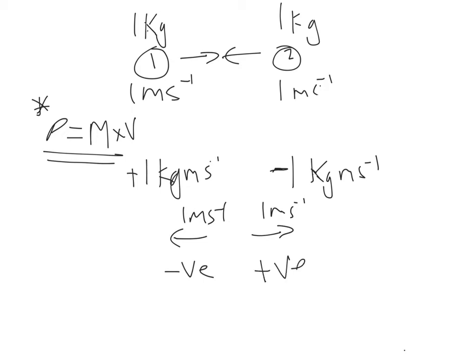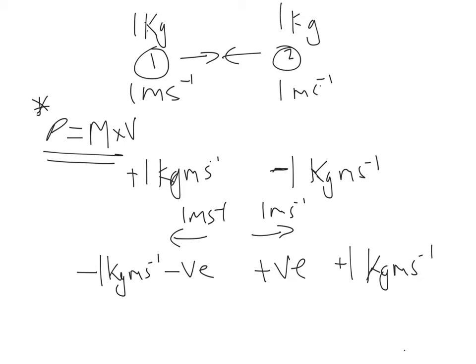So as a result, if we do the momentum for each, on this side we've got a positive 1 kilogram meters per second, and on this side we have a negative 1 kilogram meters per second.